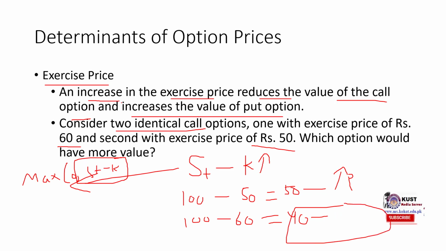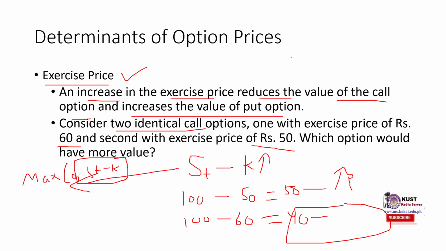What I mean to explain is that one of the factors that drives the premium is the exercise price. The higher the exercise price, the lower would be the value of the call option. This is just for the call option.